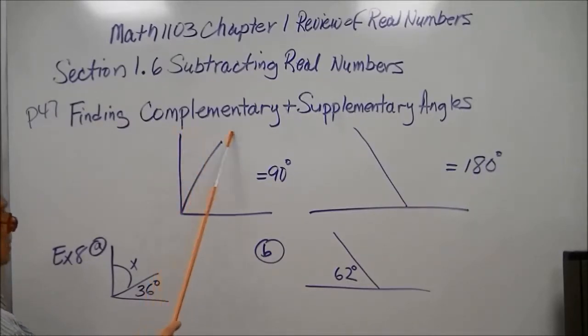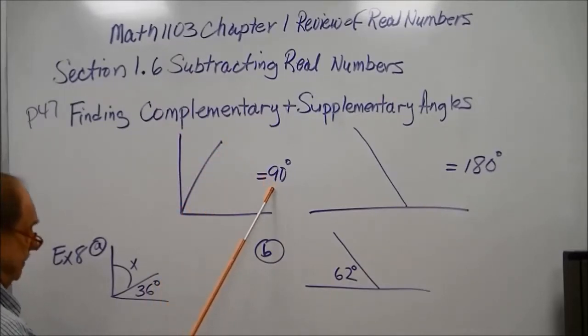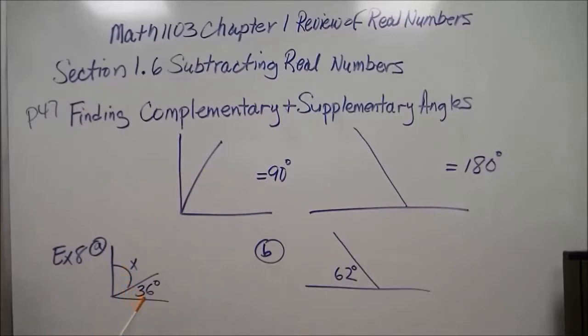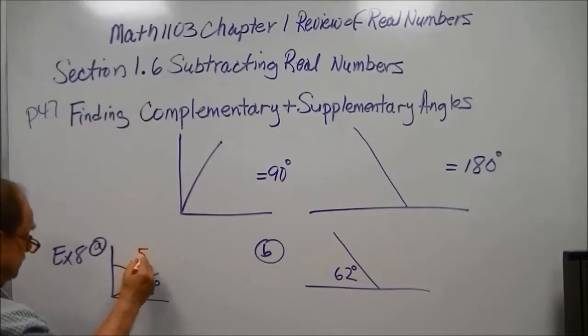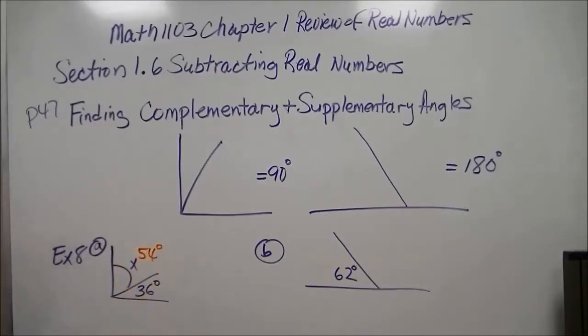So the complementary angle would be whatever's needed to make it 90. So in this case, this is example A of 8. If we had 36, we'd subtract the 36 from 90 and get 54, I believe. And we put a little degree sign. So if we added that up, that would be 90.